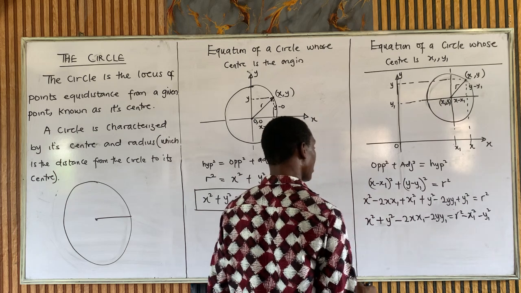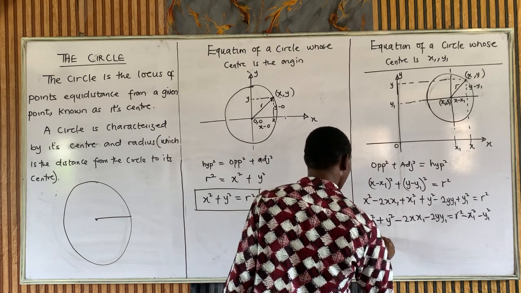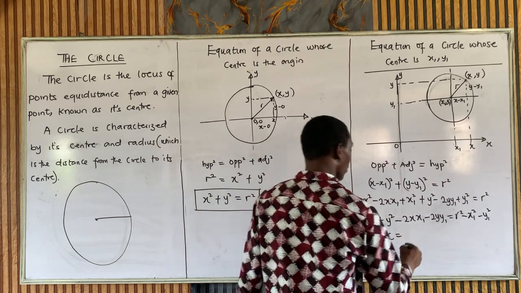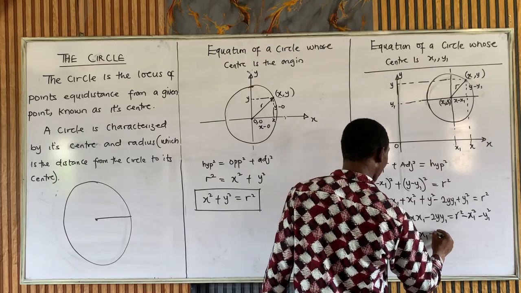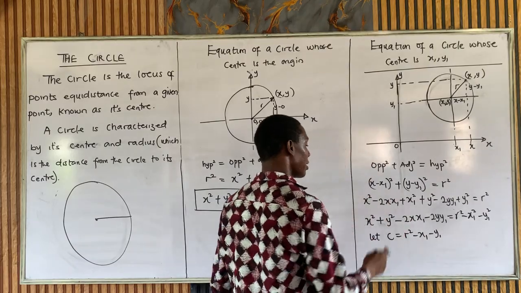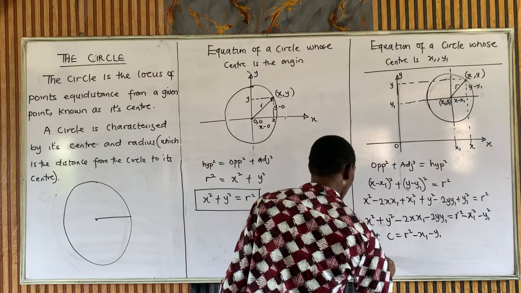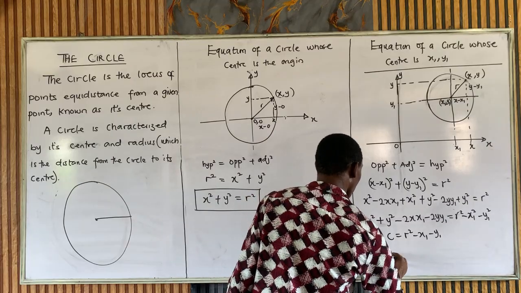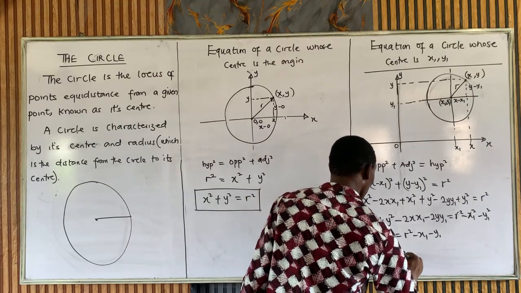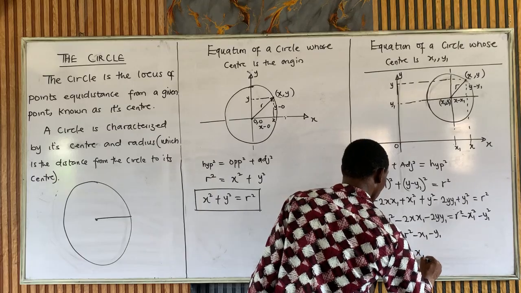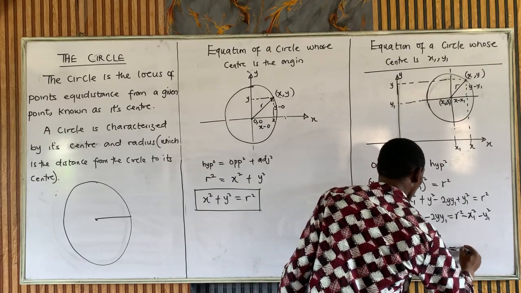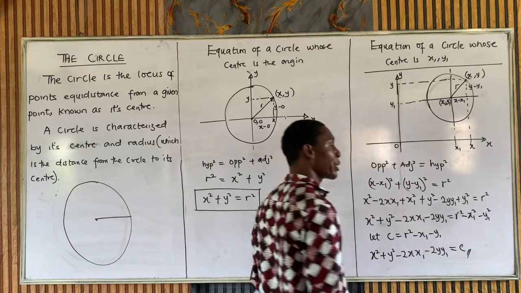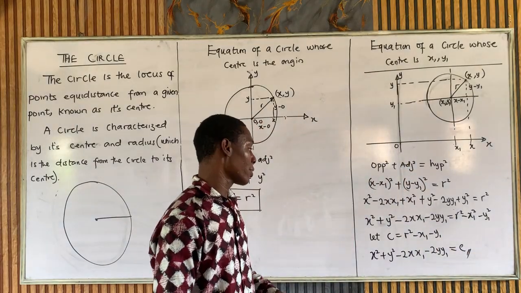And now we can say, let C be equal to r squared minus x1 minus y1. This will give us x squared plus y squared minus 2x x1 minus 2y y1 is equal to C. And this is the equation of our circle.